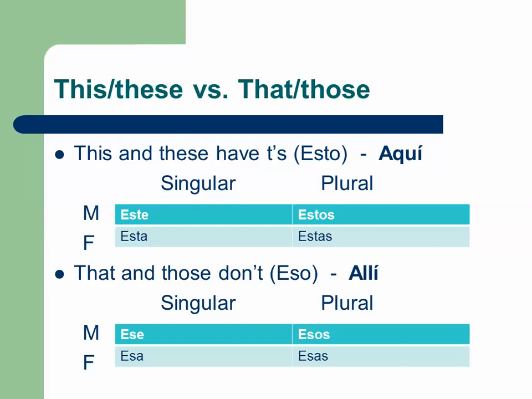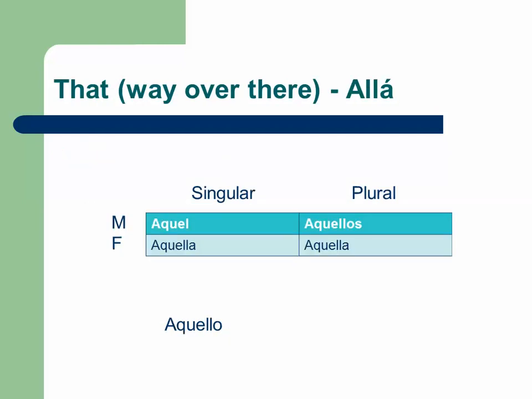Now, there's a third version, that thing way over there. Usually you can't even see it. It's usually something you're describing that's way beyond your reach, or if you're trying to describe three different things, it'd be the furthest one away.